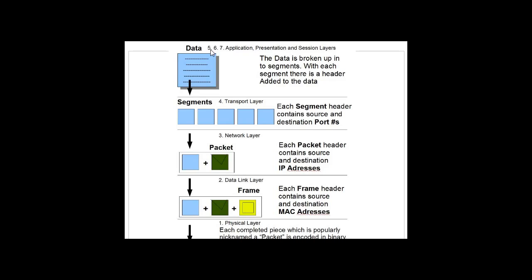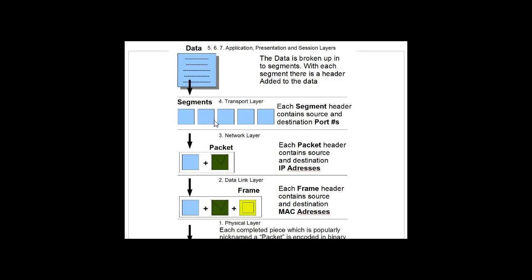All right, and you see here I've put layers 5, 6, 7: application, presentation, and session layers. When we go to send the data, it is broken up into segments, and with each segment a header is added to the data. So we start at layer 7 with our data, and the data gets broken into segments at layer 4, the transport layer.